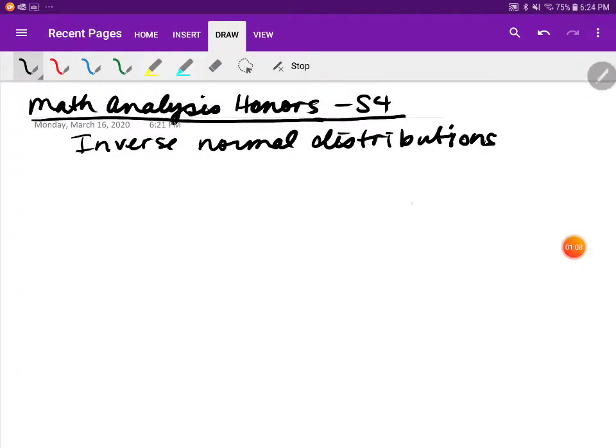Okay, I can give you an analogy here. Think of how you find that the sine of 30 degrees is 1/2, and that means you could write sine inverse of a half equals 30 degrees. We're going to use a notation that's similar to that, but with our normal distributions instead.